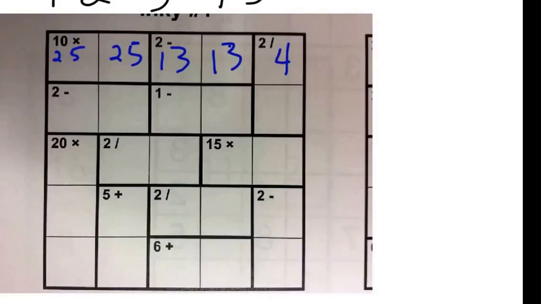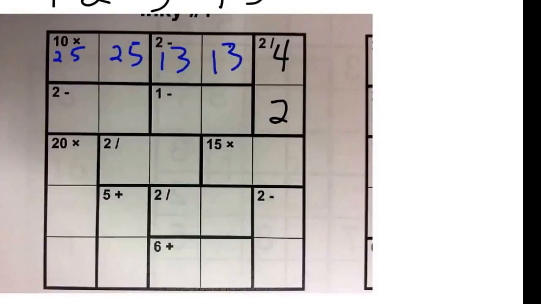We know that one has to be a 4, so the only thing that would divide to give you 2, that one has to be a 2. So those 2 are set. We don't have to worry about those ones anymore. Just because we got the 2, 5, 1, and 3, the 4 had to be there, and then the only thing that divides to give you 2 is 4 divided by 2. Okay, so that's how those ones work.